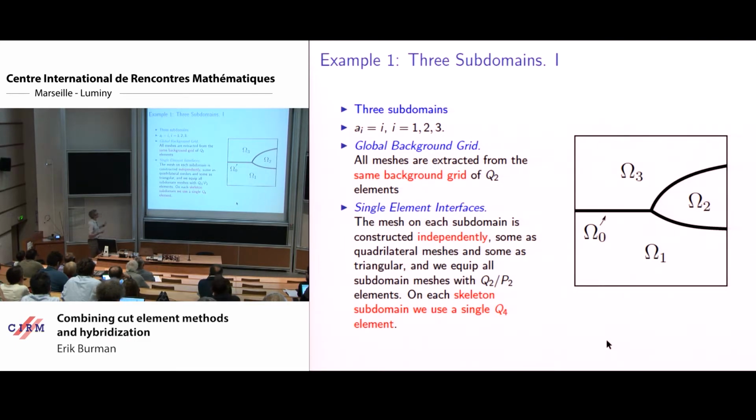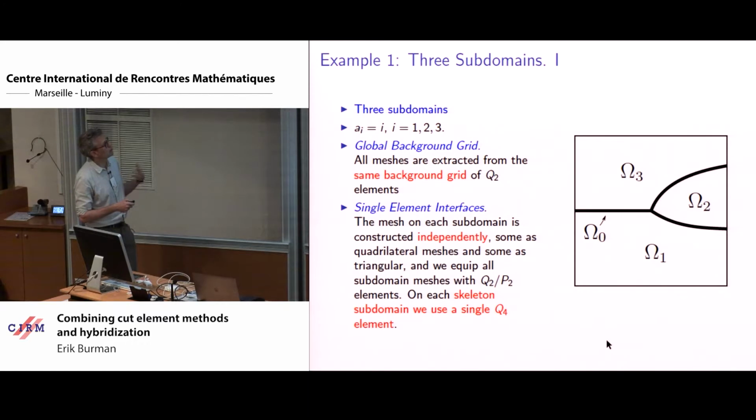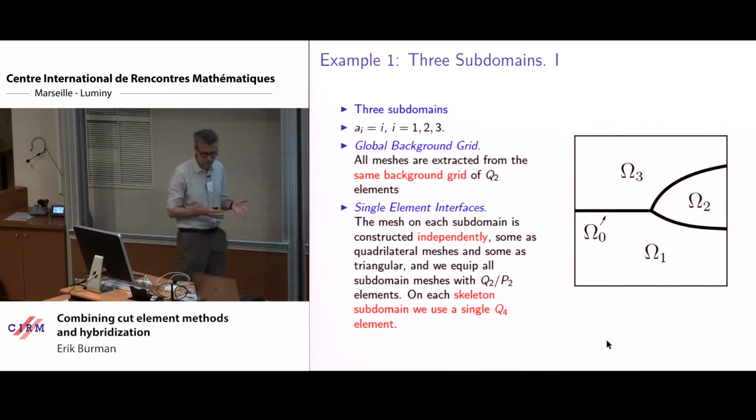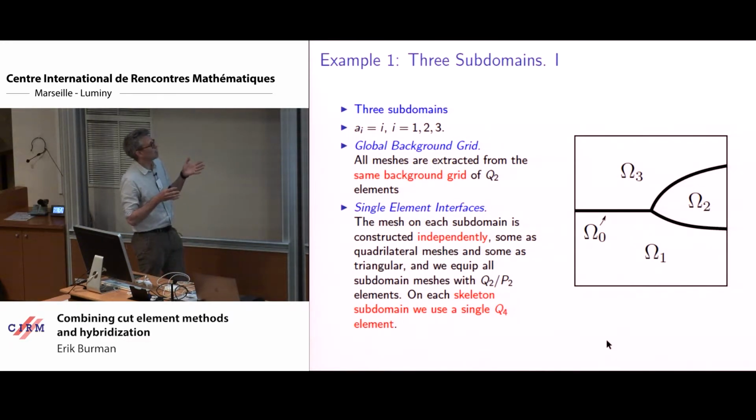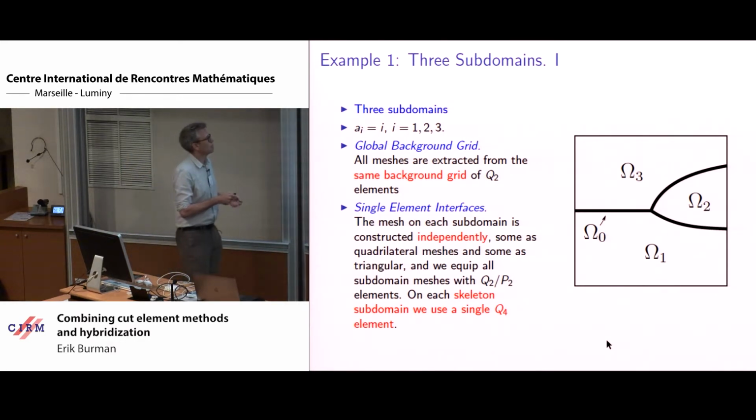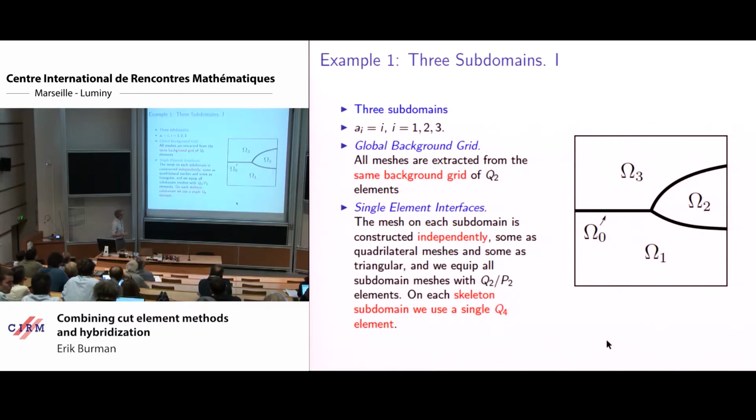The second approach is one where each mesh is constructed independently. I will have quadrilateral meshes, I'll have triangular meshes, and they will be Q2 or P2, depending on the element geometry. And then on each skeleton subdomain, I will use one Q4 element. So I use high order approximation on the traces.